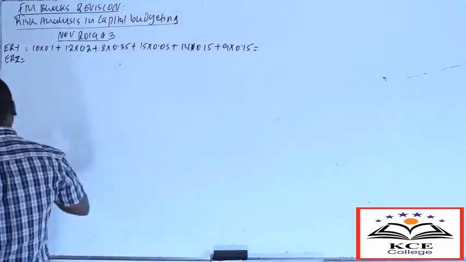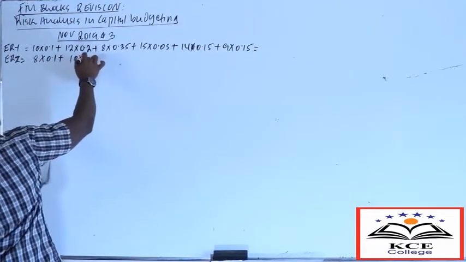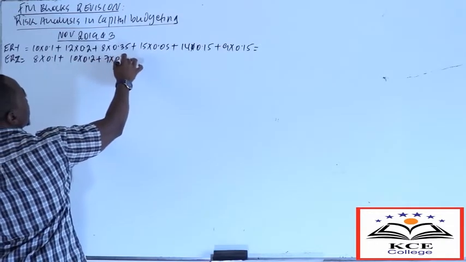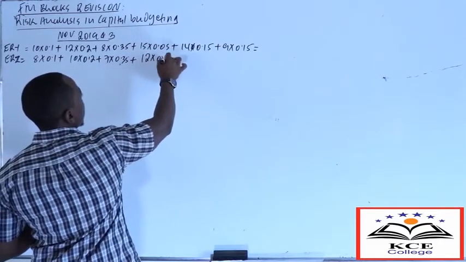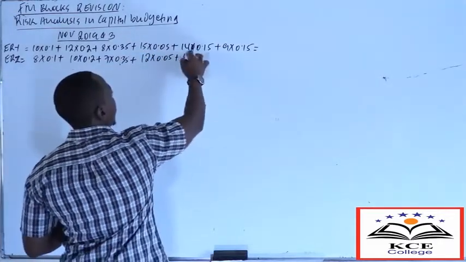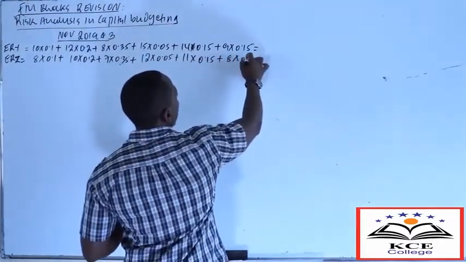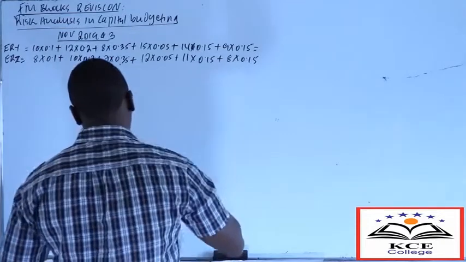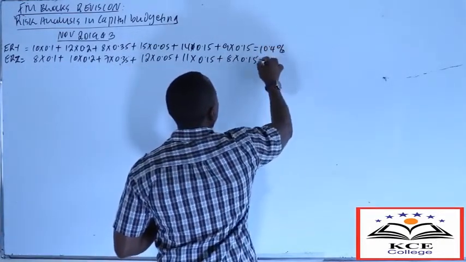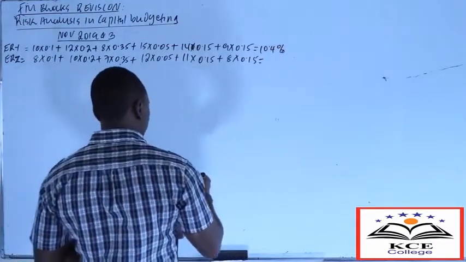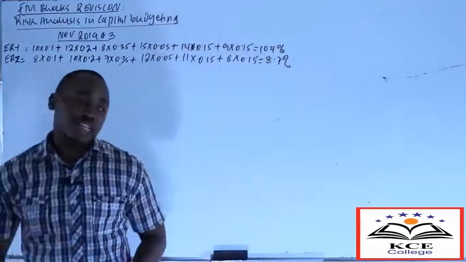Then you do the same for Z: 8 times 0.1, 10 times 0.2, 7 times 0.35, 12 times 0.05, 11 times 0.15, and then 8, 0.15. The expected return for Y is 10.4%, and for Z it is 8.7%. So that's how you get the expected return.